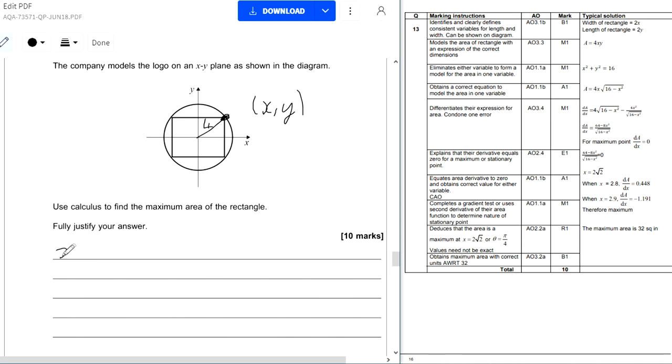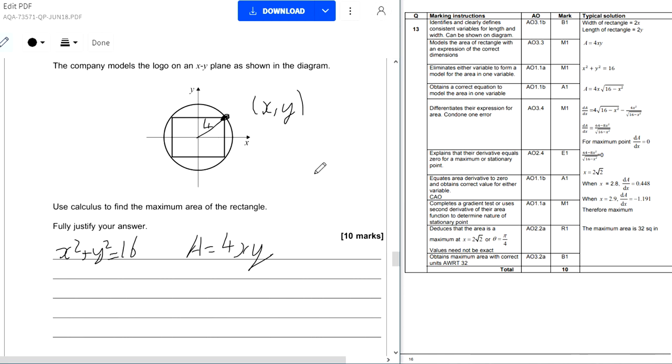The equation of the circle is x squared plus y squared equals 16, because 4 is the radius. The area of the rectangle is going to be x plus x, so 2x, times 2y, so 4xy.